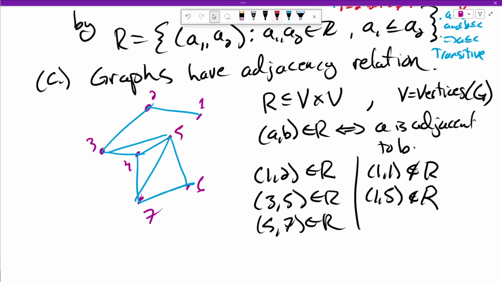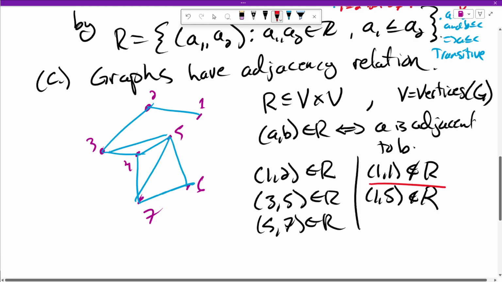Let's look at this graph. Is this a reflexive relation? Well, no. None of the elements are related to themselves. So a related to a is never true. Well, I guess I shouldn't say never true.